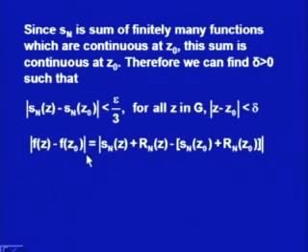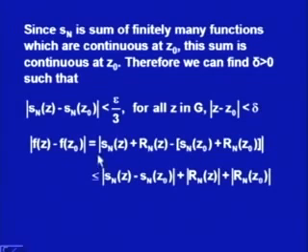Therefore, we can write f(z) minus f(z0) as S_n(z) plus R_n(z) for f(z), and for f(z0) I write S_n(z0) plus R_n(z0). So, this will be less than or equal to modulus of S_n(z) minus S_n(z0) plus modulus of R_n(z) plus modulus of R_n(z0).